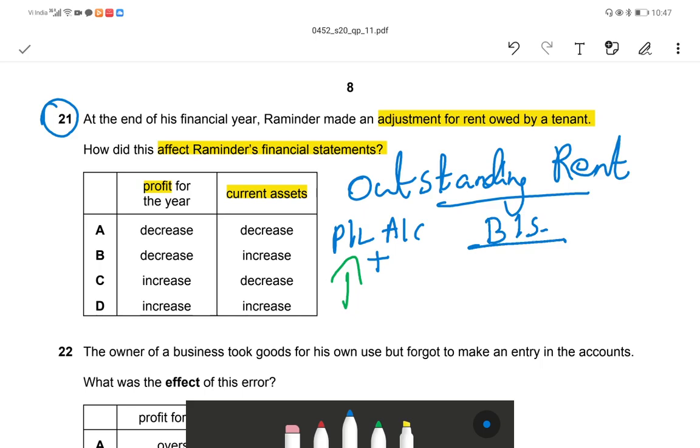So it goes to the current asset part. So this increases the current asset. So outstanding rent increases both income statement profit and asset part. So the correct answer is D.